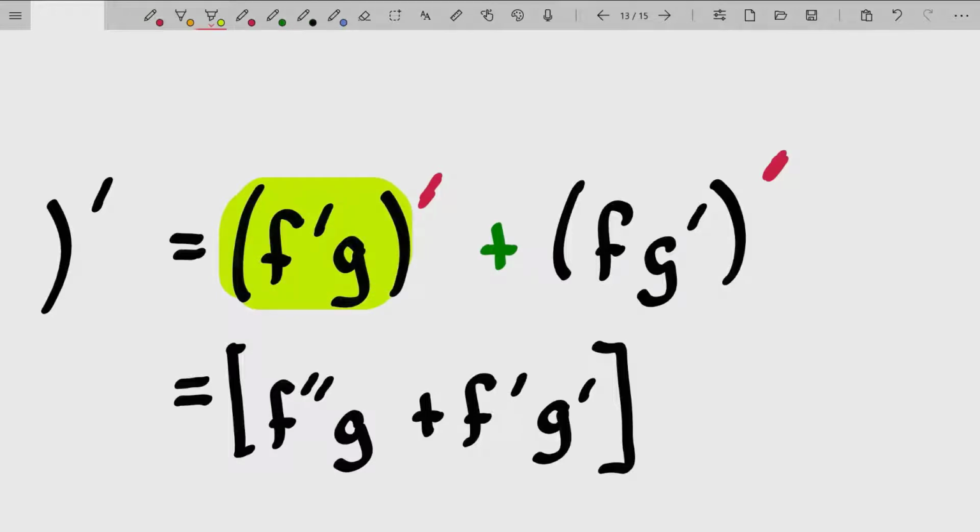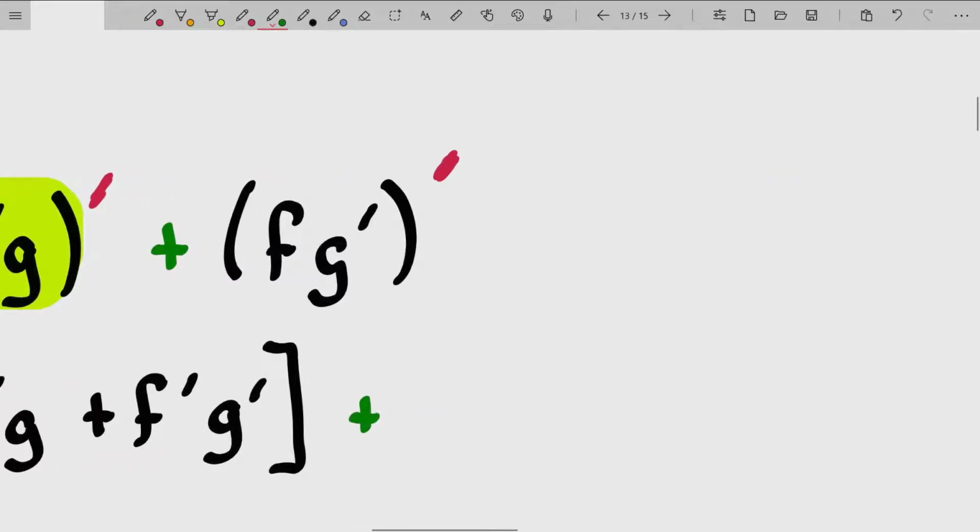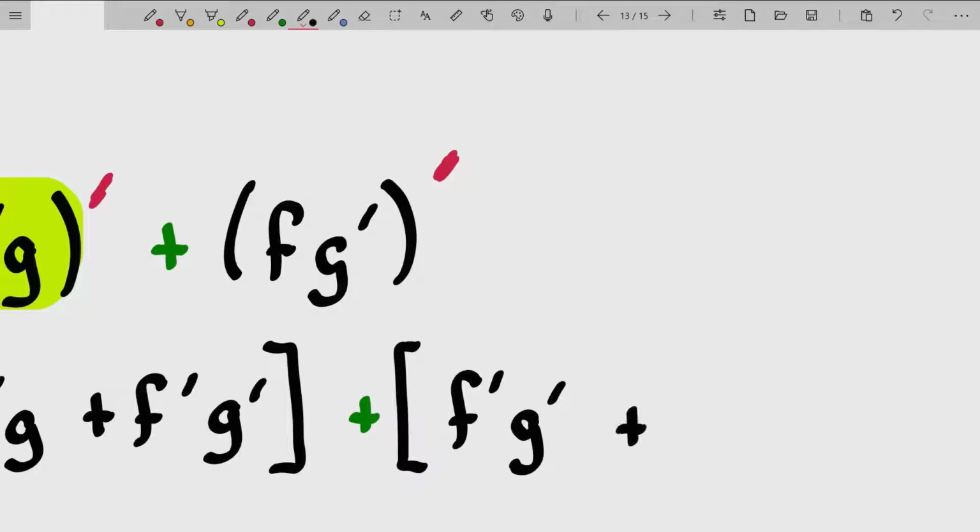Again, that's the derivative of this group right here. The derivative of f prime being f double prime, times the second function, which is g, plus the first function, f prime, times the derivative of the second function, which will be g prime. Plus, now we take the derivative of that second group. Well, again, it's a product. The derivative of the first item is f prime, times the second item is g prime, plus the first item times the derivative of the second item.